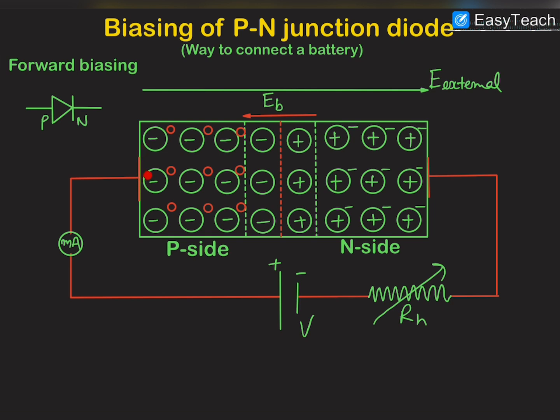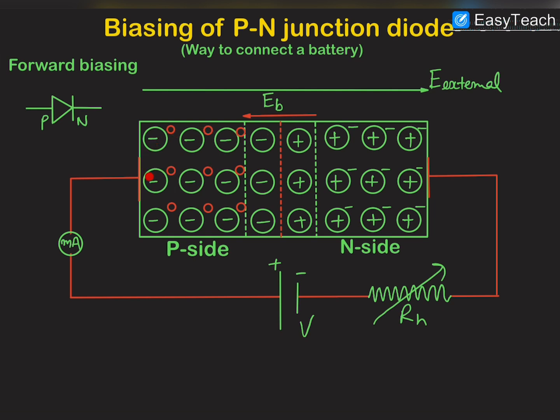You can see that this battery positive terminal is pulling the electrons like that, and those electrons are generated by the jumping of electrons from valence band to conduction band. So we can say that at this end, the valence electrons are being pulled by this positive terminal of the battery, and when they are pulled, holes are generated, and those holes are moving in the forward direction.